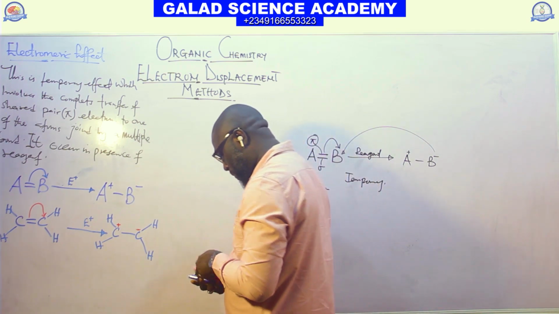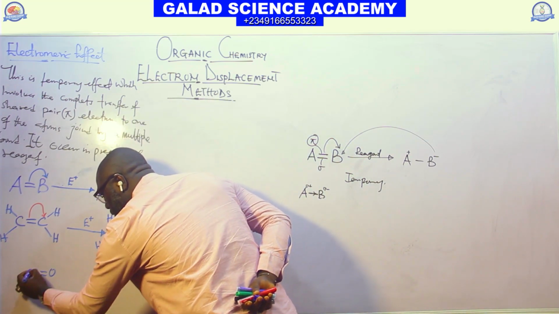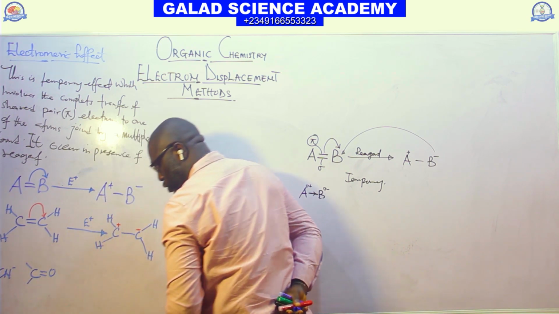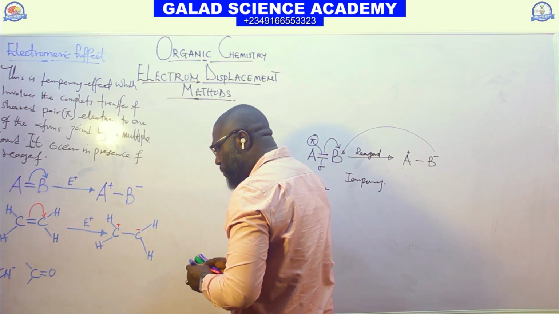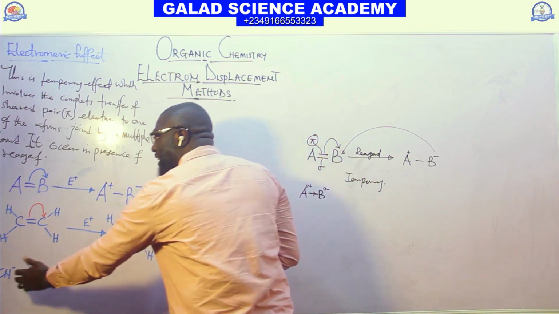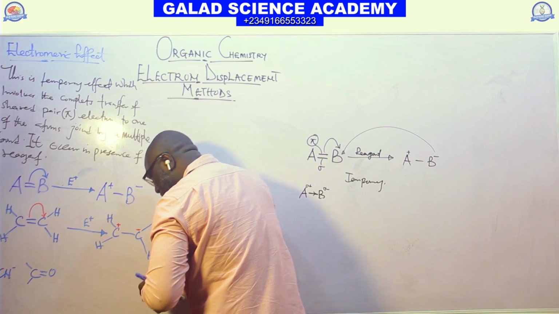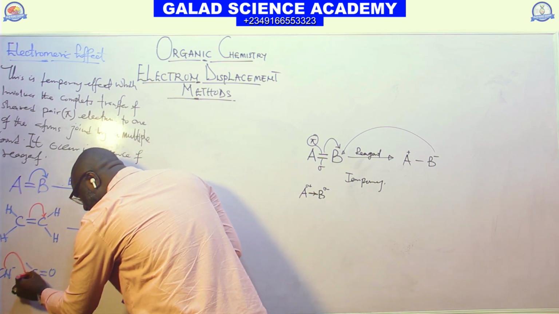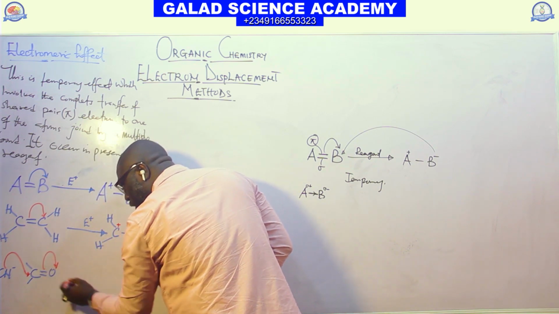Let me add one more. In the carbonyl group, C=O like this, I put cyanide here. This cyanide serves as the external reagent that comes to attack this side, and the pi electrons move to oxygen.